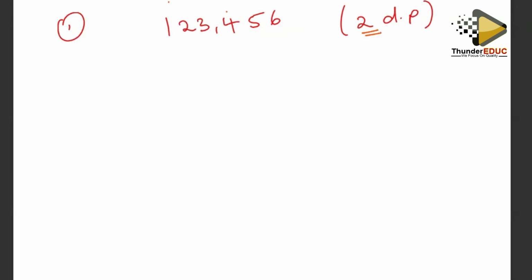This is the first decimal place, this is the second decimal place, so this is our rounding position. The digit coming after the 5 is a 6. So 6 is in that special category of 5 to 9, which is going to increase the rounding position by 1. So this 6 will add a 1 there.